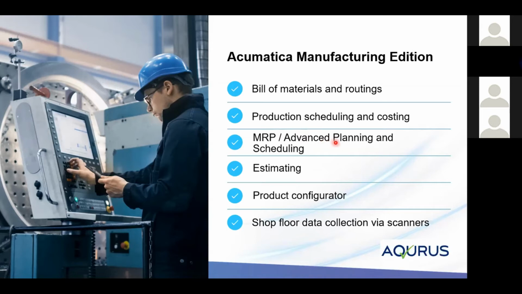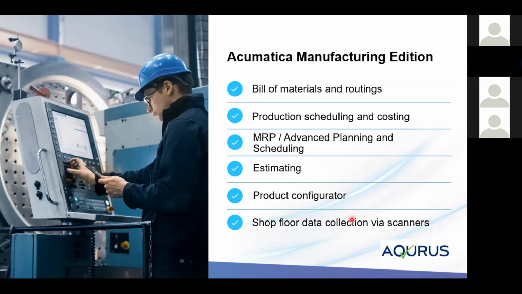And then advanced planning and scheduling allows you to do finite capacity plant planning and scheduling from there. Estimating and product configuration, that's where we can do custom items that may not even exist, so we can do new items. Product configurator allows you to have some custom configurable options and choose that on the fly as you're creating an order for the customer.